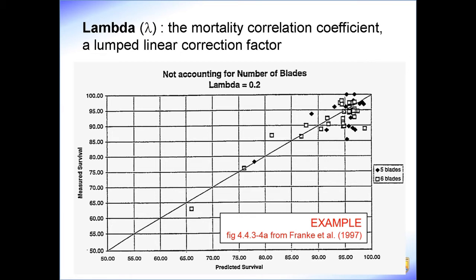I point it out now because it is a parameter that gets played with a lot when you have to read a third party's analysis. I encourage you to pay attention to what lambda they used, and if they use something other than 0.2, I suggest you ask them to validate why they used that.